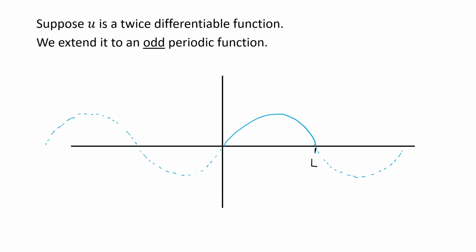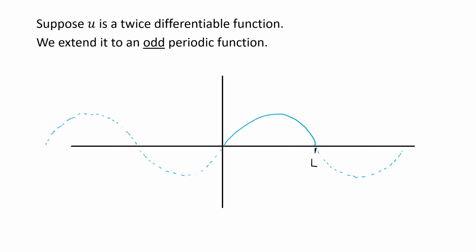If the original function has got two derivatives within the interval, then also the function that we obtain by periodic extension, this periodic function depicted here, will have two derivatives within each of those intervals. What we see here is an odd extension, and let's take a look in particular at the interval endpoints, which now repeat over and over again.